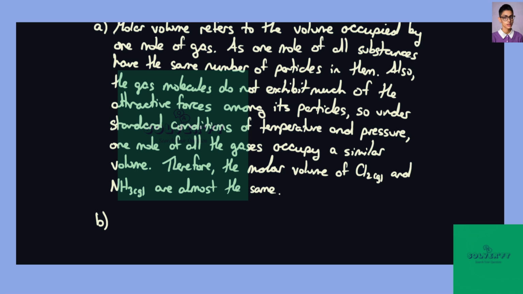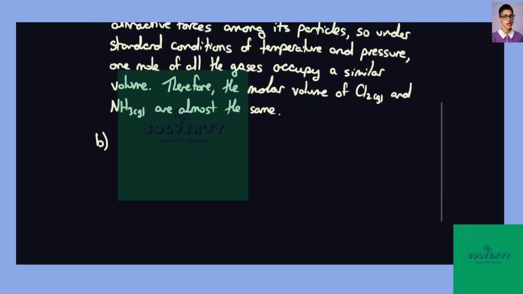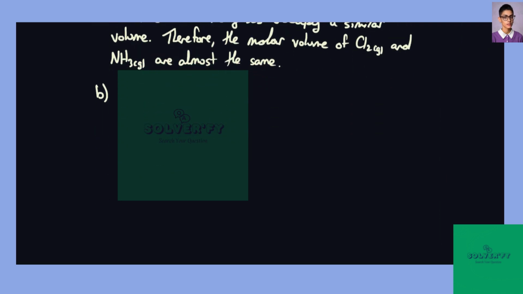For part B, on cooling to 160 Kelvin, both substances form crystalline solids. So do you expect the molar volumes to increase or decrease on cooling to 160 Kelvin?